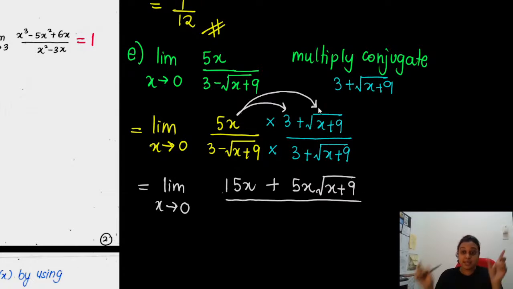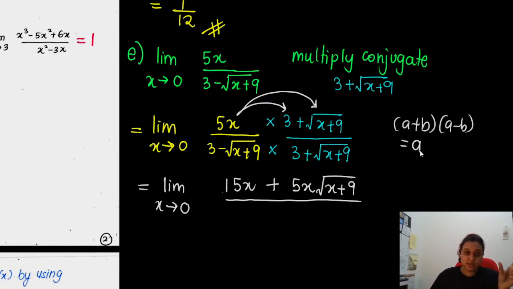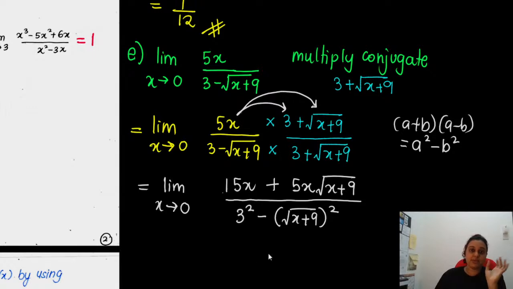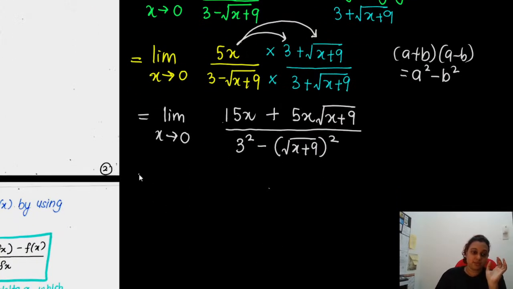For the bottom one, we're going to use the concept of a plus b times a minus b, which gives you a square minus b square. So I'm going to write 3 square minus the square root of x plus 9, squared. Now from here we continue solving. We get the limit as x approaches 0.